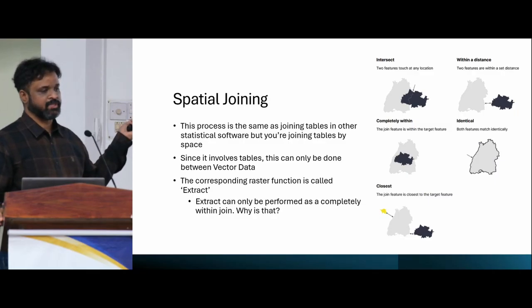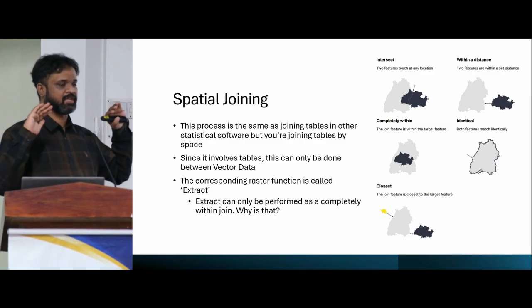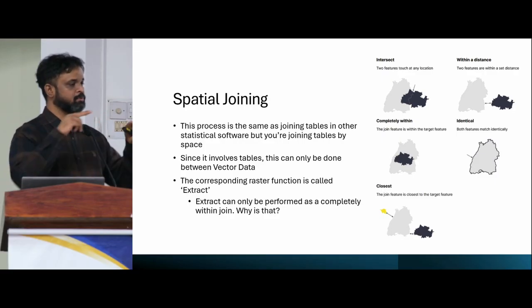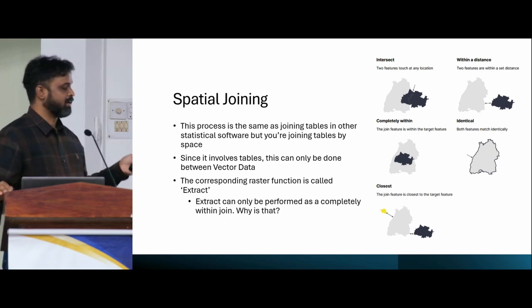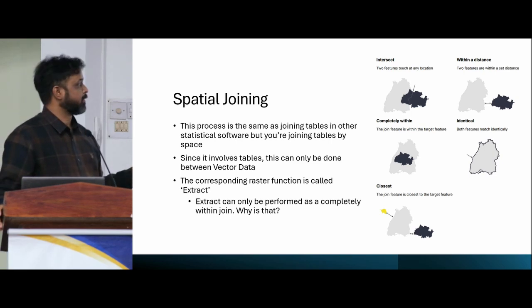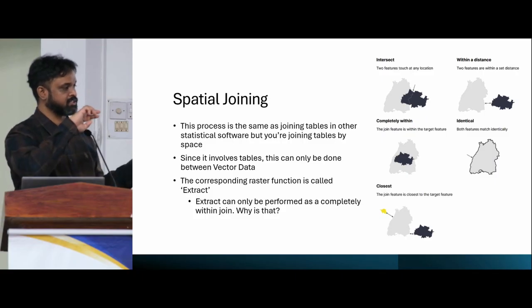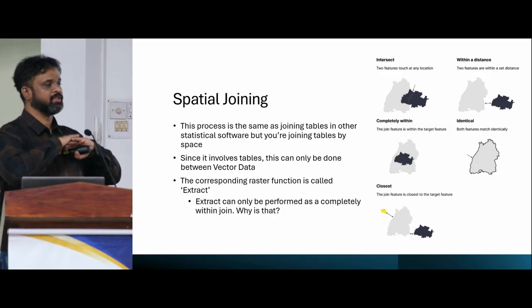Then you need to do spatial joining, which is an extension of joining, but instead of checking to see whether the columns are matching, it's checking to see whether the spatial extents are matching. Now, there are multiple ways in which spatial extents can match. They can intersect, meaning if one geometry is touching the other geometry, then we join the data from there.